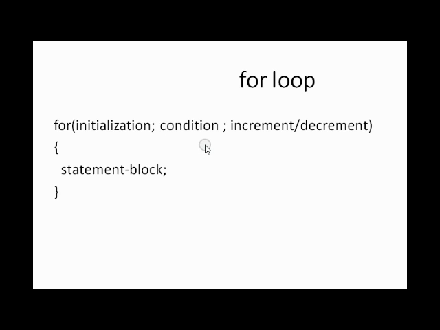If the condition is true, it executes the for loop body, that is the statement. And then it evaluates the increment or decrement condition, and again it comes back to the condition. This keeps on repeating until the condition becomes false. Once the condition becomes false, it comes out of the loop.